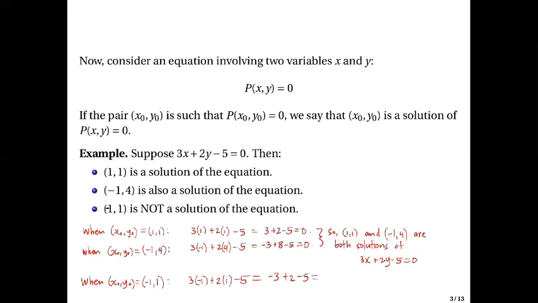This is equal to minus 6. And this is not equal to 0. Okay? That's not equal to 0. So meaning, this is not a solution because when we substitute x with negative 1 and y with positive 1, the equation is not true. Okay? We will not get this equation.